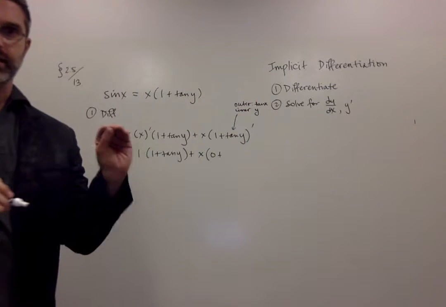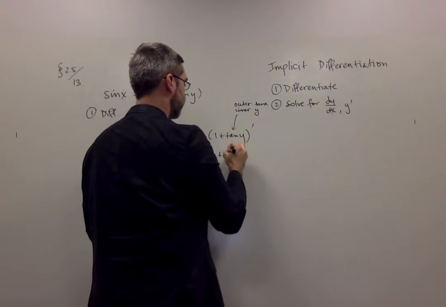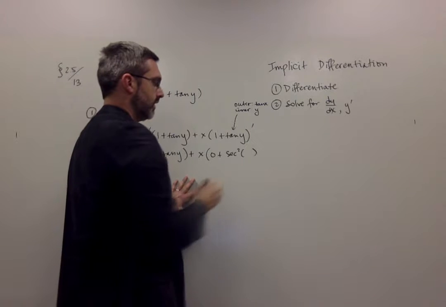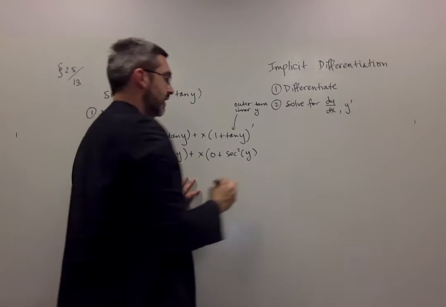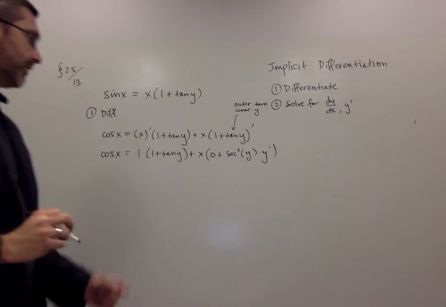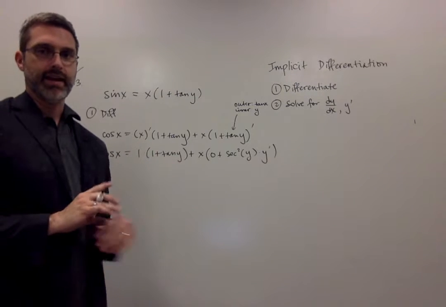So y is inside tangent. So we're going to differentiate the outer. The derivative of tangent is secant squared. Then we're going to insert the inner function. And then we're going to multiply by the derivative of the inner function, which is y prime or dy dx, whatever you would like to write that as. Okay?